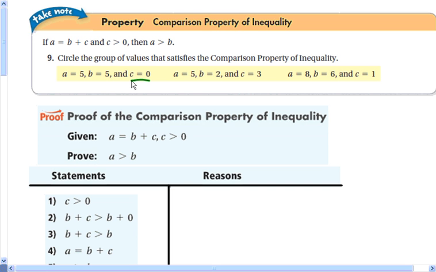The second one, we can see that A equals B plus C, 5 is equal to 2 plus 3. And so that one satisfies it because A is greater than B. And the last one, A is not equal to B plus C. 6 plus 1 is not equal to A, so that one doesn't work.